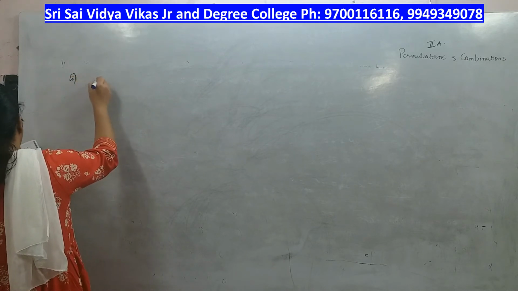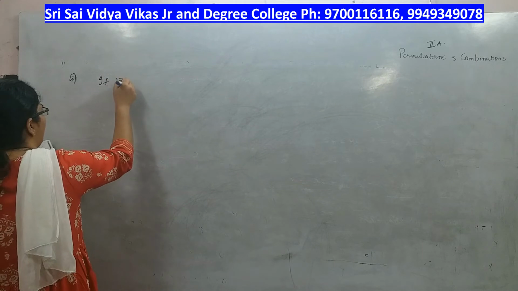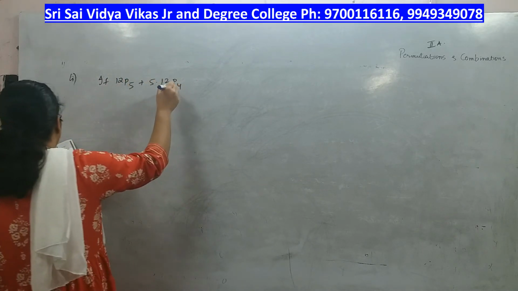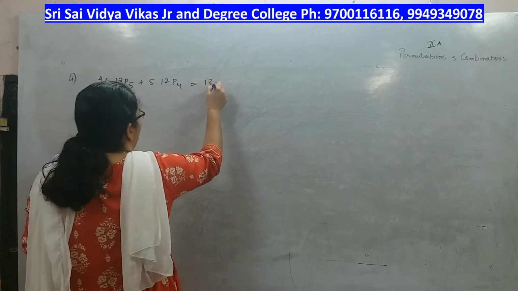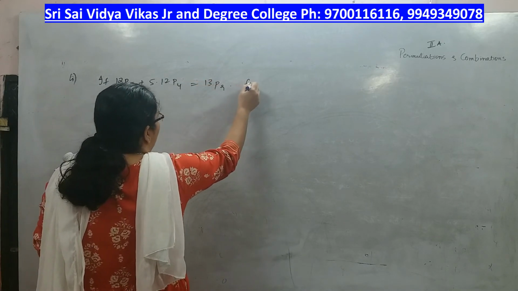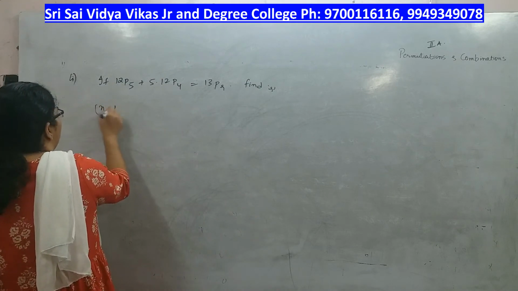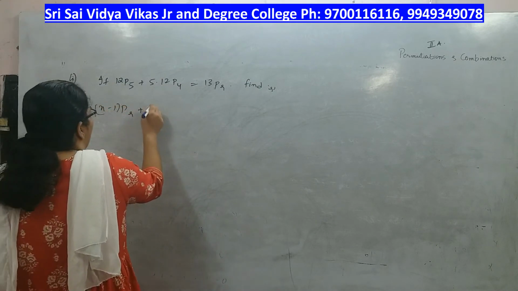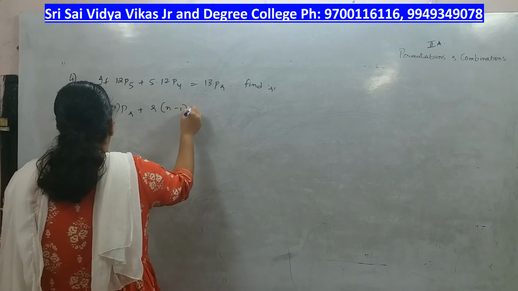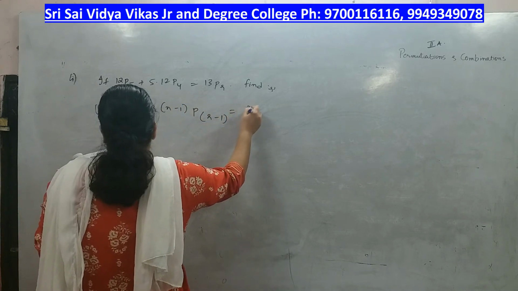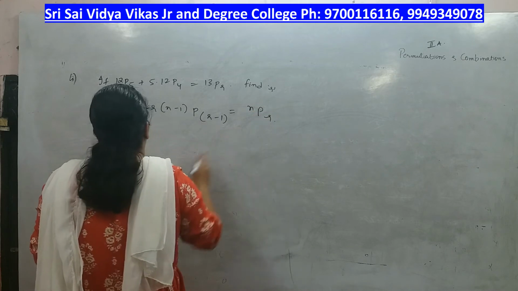Fourth one, if 12P5 into 12P4 is equal to 13Pr, find r. n minus 1 Pr, r into (n minus 1) Pr minus 1 is equal to nPr.